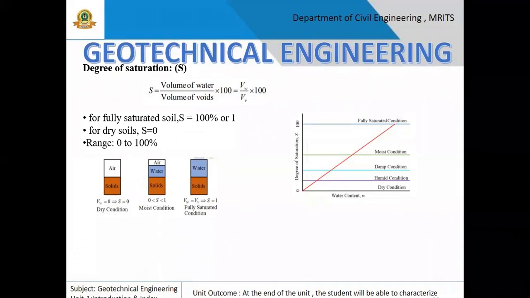For fully saturated soil, it will be 100% or 1. For dry soils, it will be 0. So the range is 0 to 100%. So that is degree of saturation.